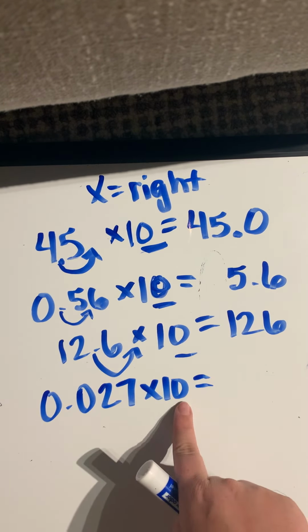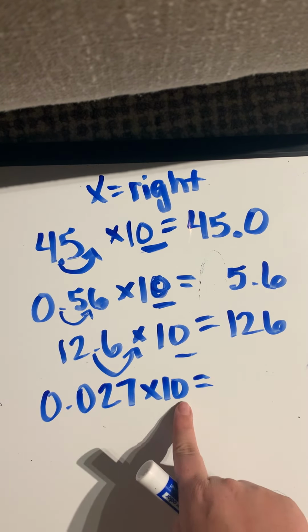I'm going to move it 1 time. So I have 0.27. This zero is really not doing anything. I could even erase both of them, but I think I'm going to leave my ones. I'm going to leave my 0 there just as a good placeholder to make it look a little bit neater.